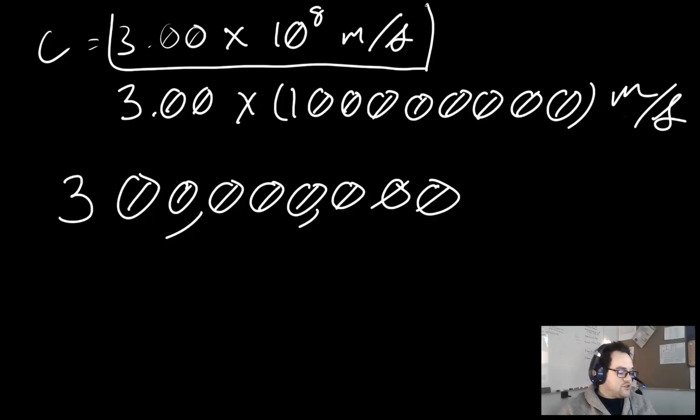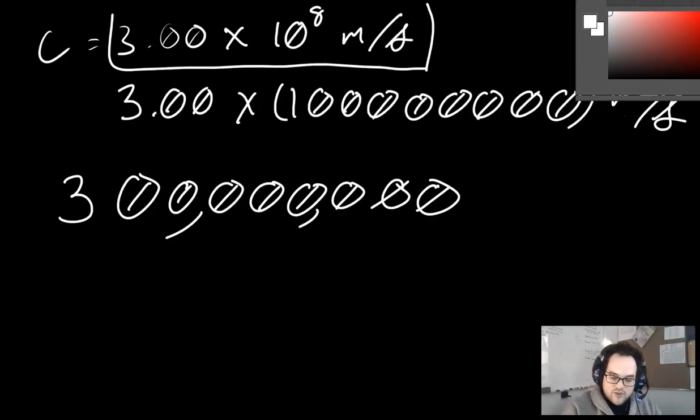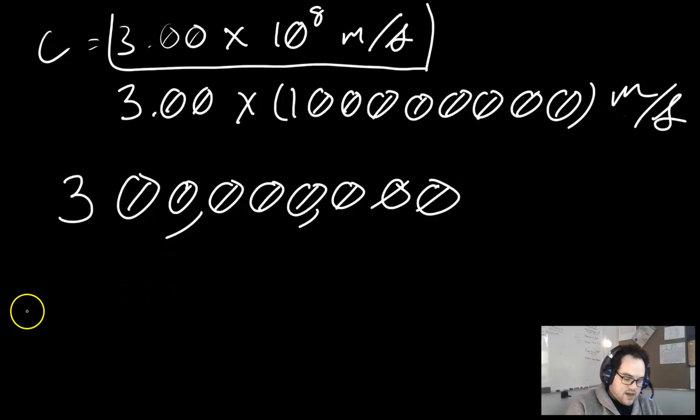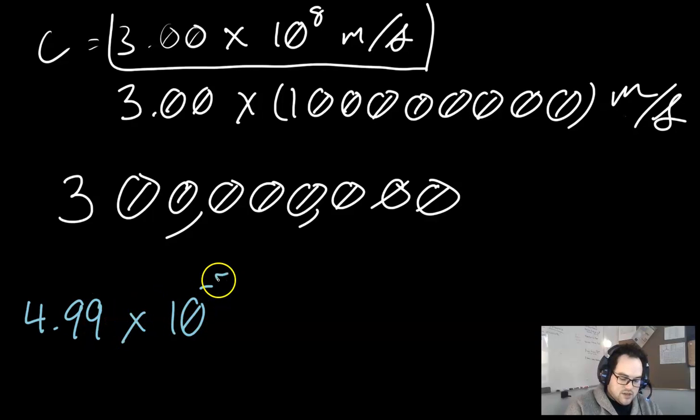If you want to write a very small number, let's see, to use an example, it's not going to be too atrocious. Let's say you had 4.99 times 10 to the negative 7th.